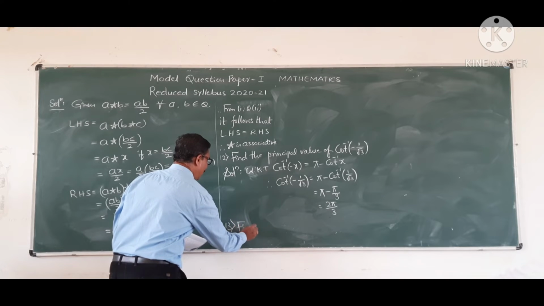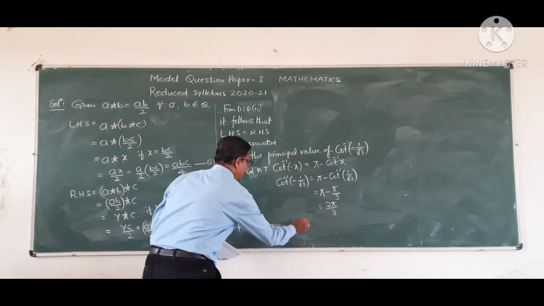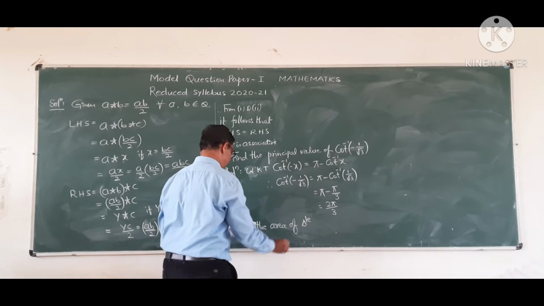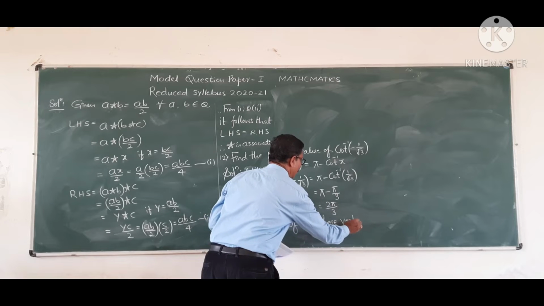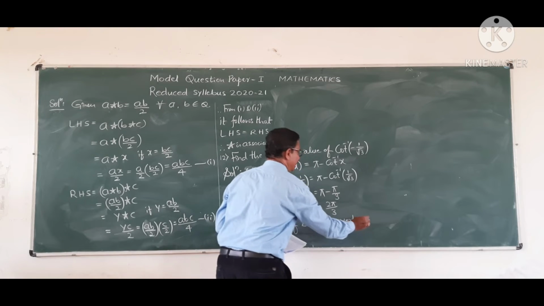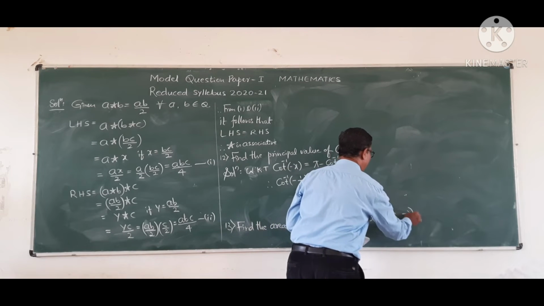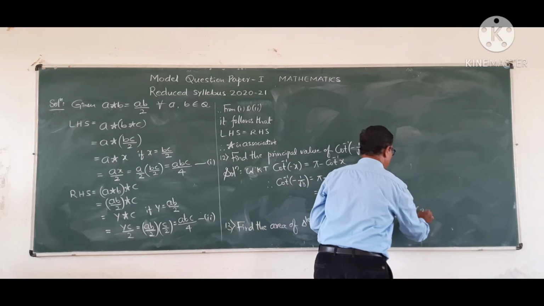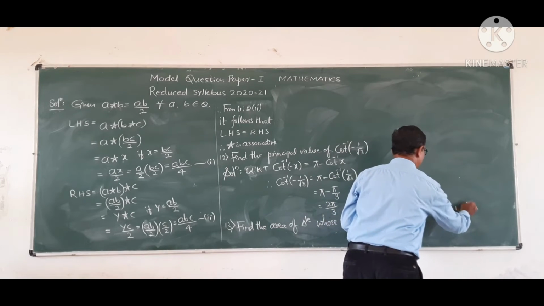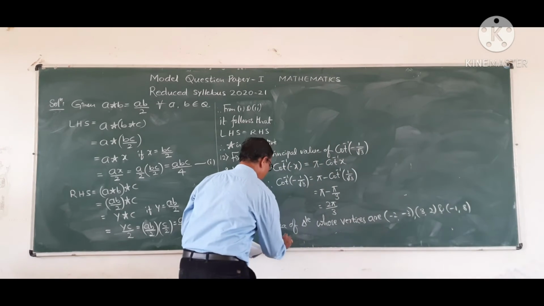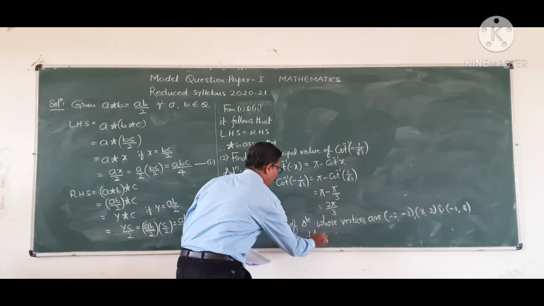Find the area of triangle whose vertices are minus 2 comma minus 3, 3 comma 2 and minus 1 comma 8 using determinants. Important sum.